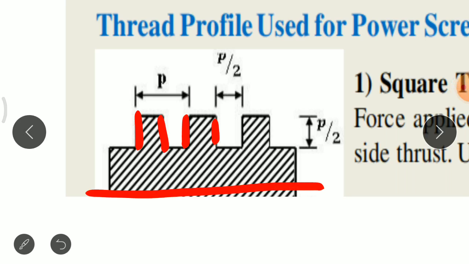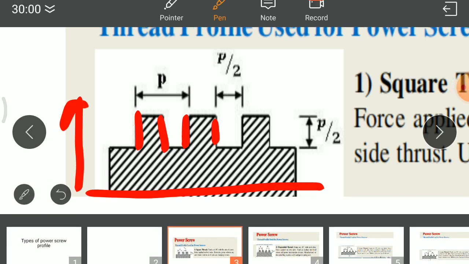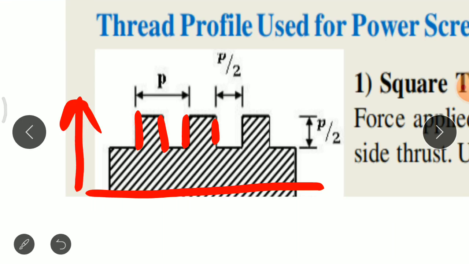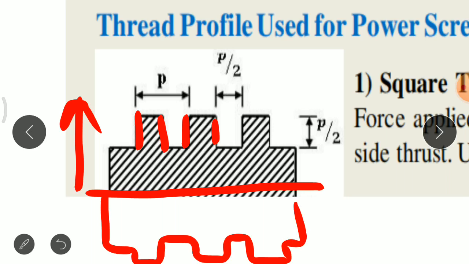This one is the axis of the thread. This is one sided portion of the square thread profile, and below it the same section is formed on a metal piece. This is called a square thread.